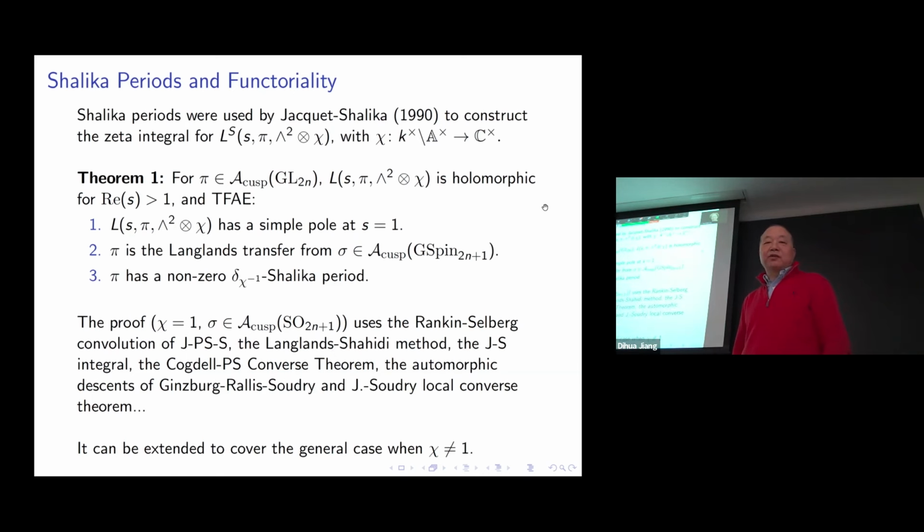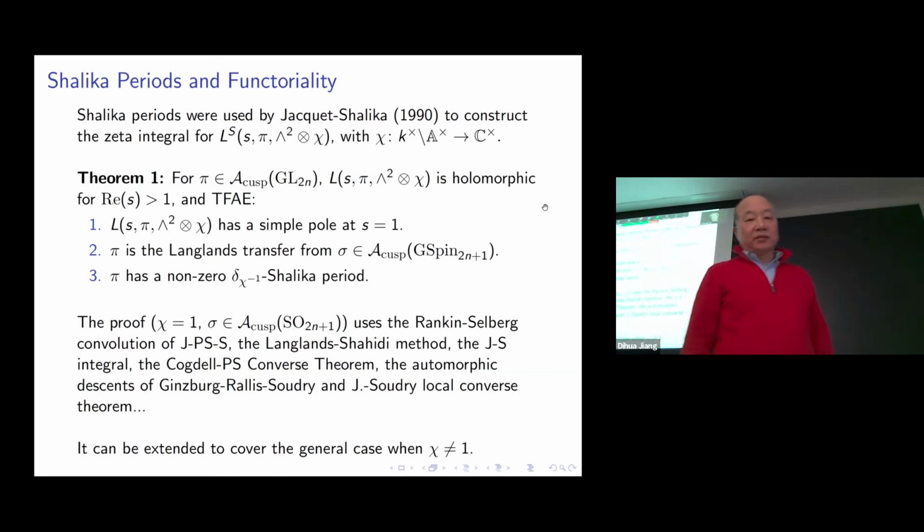The exterior square L-function is holomorphic when real part of s is greater than 1. And then the following three are equivalent. Number 2: this L-function has a pole at s equal 1, and pi is the Langlands transfer from sigma on a GSpin group, because of the character twist here.